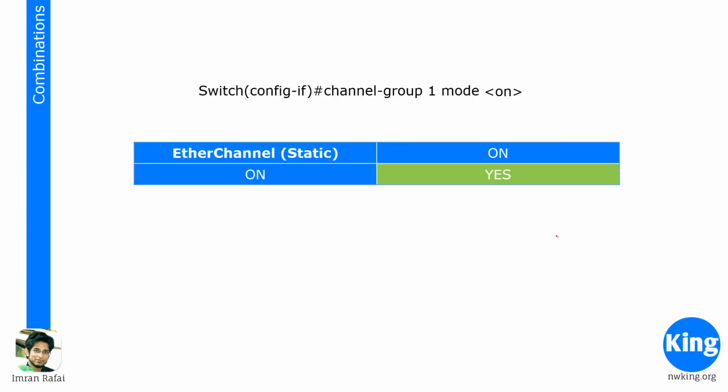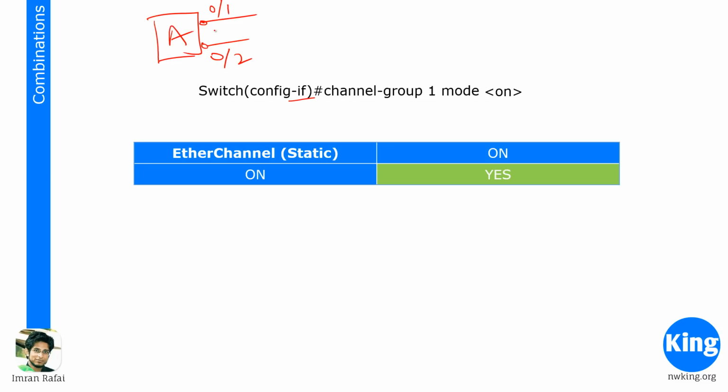Now, how do we enable these? Enabling the static version of EtherChannel is very, very easy. You go to whichever interface you need. So let's say you have a switch A, and we have the FA0/1 port and the FA0/2 port.